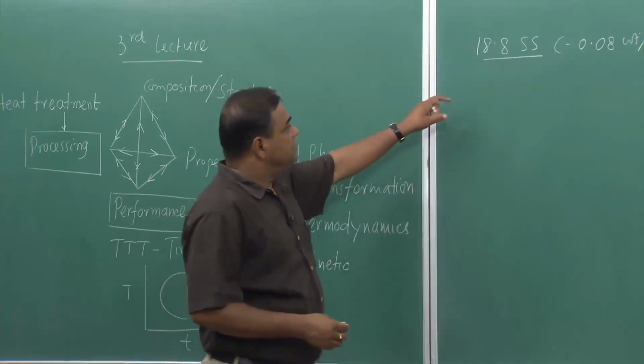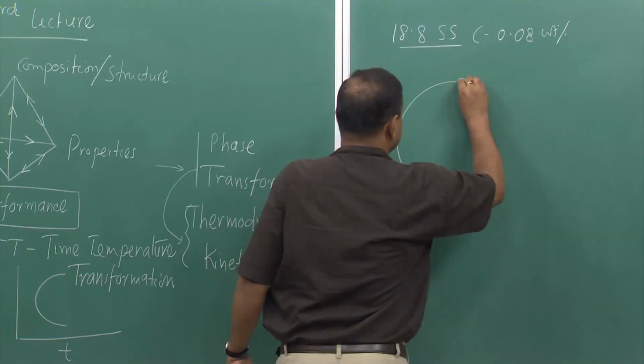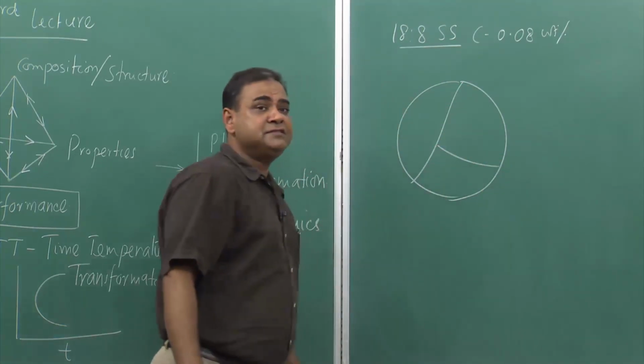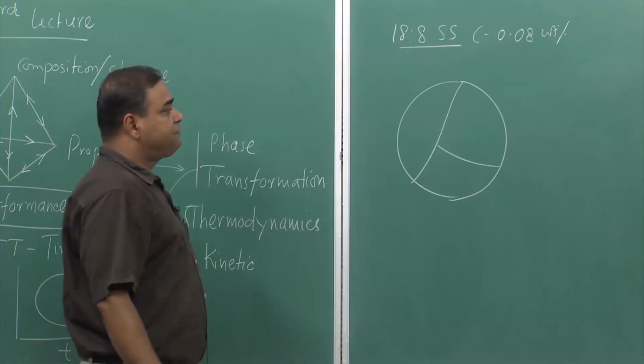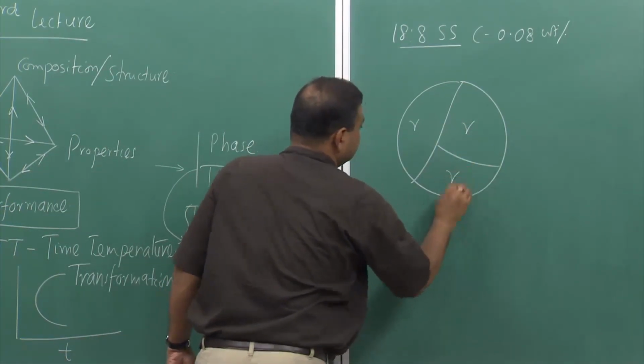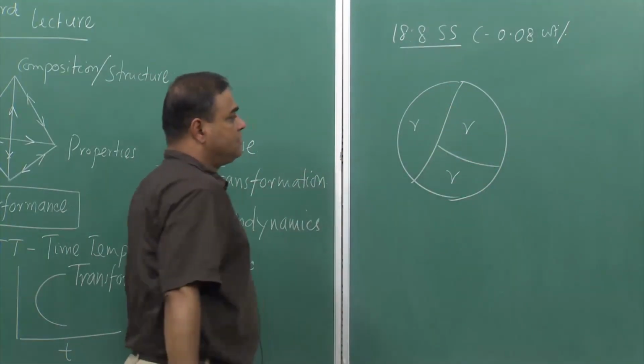Now, in this case, if we see the microstructure, it looks like polygonal grains, and if we see the crystal structure, we will see that all the grains are austenite, and these are the grain boundaries.